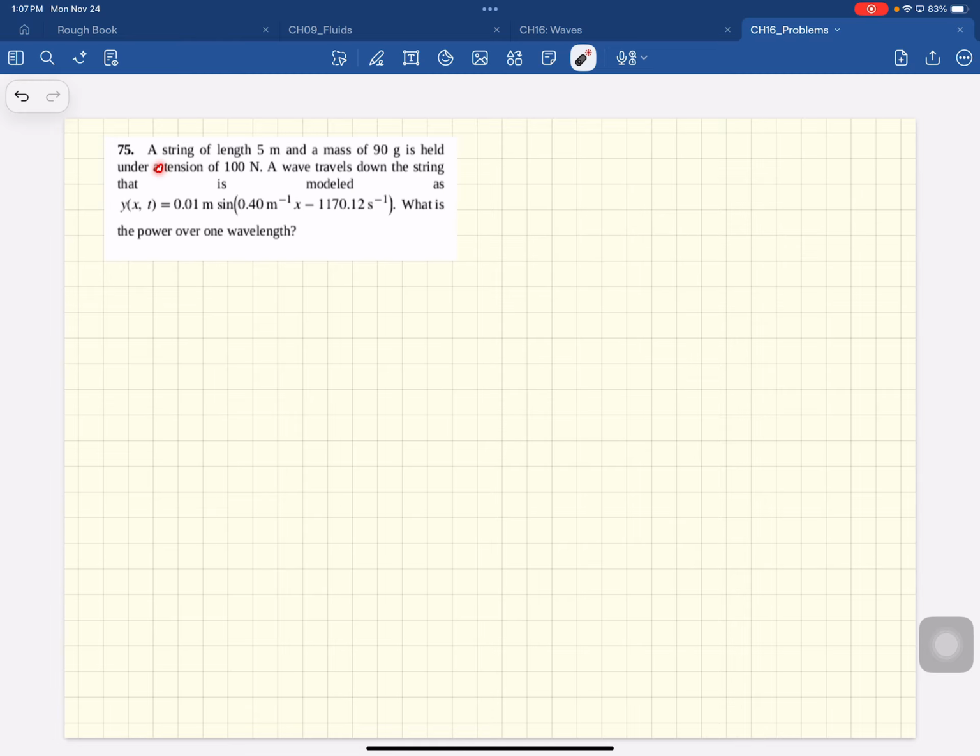So this says a string of length 5 meters and mass 90 grams is held under tension of 100 newtons. A wave travels down the string, and there's the equation of the string. What is the power over one wavelength?